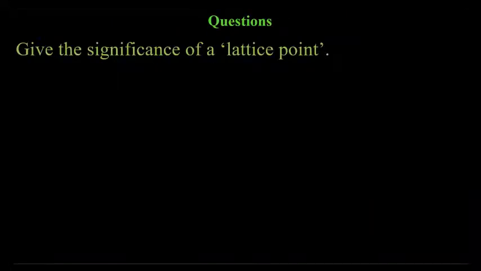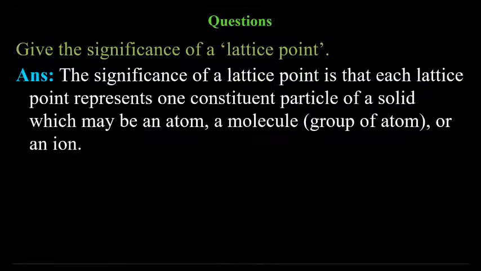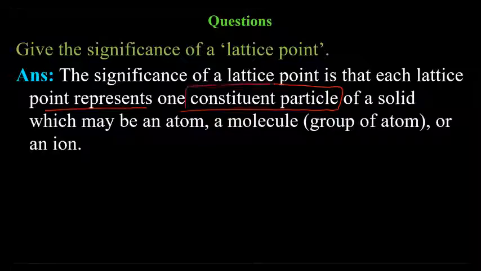Now the question: give the significance of a lattice point. So I talked about it. The lattice point basically represents one constant particle. One constant particle means it can be an atom, ion, or molecule of a solid. Just memorize this definition. You usually get this question for 1 mark.